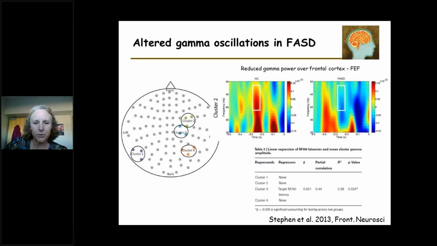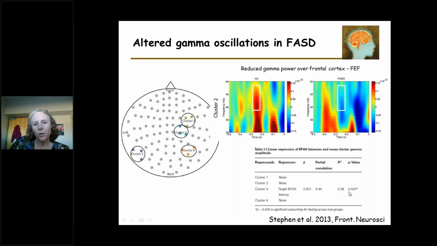But what was interesting is that if you now correlate the gamma power with the target M100 latency, which I just reported on, then there was actually a positive correlation between those two things. And what we determined from that is that, and this is a different cluster than what I'm showing here, in this case the kids with FASD actually had increased gamma oscillations.